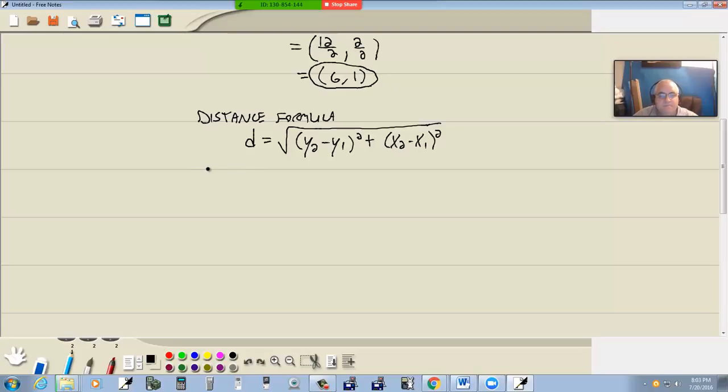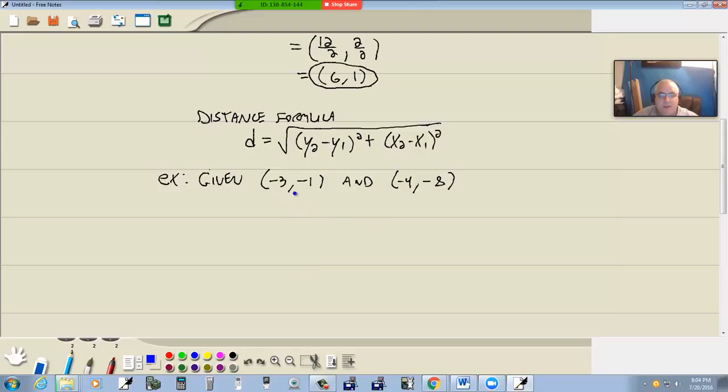So let's take a look at an example. Given the points (-3, -1) and (-4, -8), we want to find the distance between them.